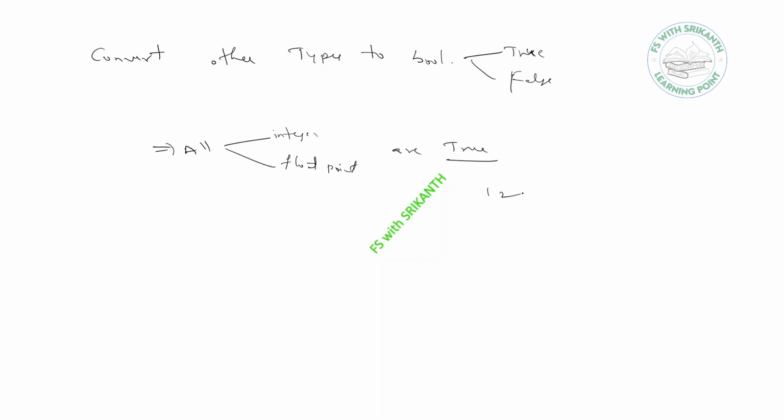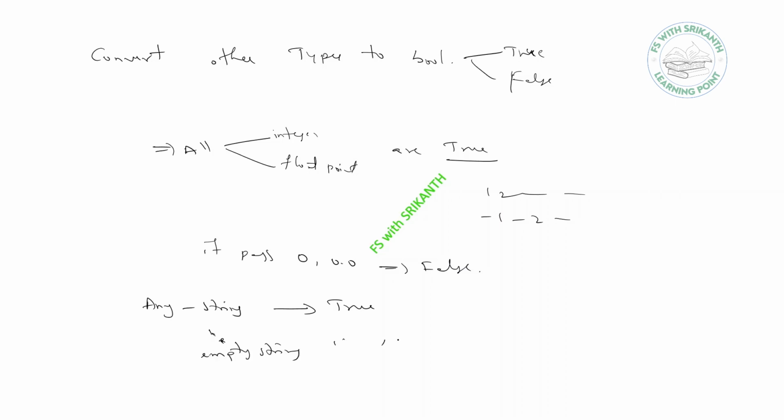Any number like 1, 2, 3, 4 and -1, -20, whatever it may be. And if we pass 0 or 0.0, it will be false. And any string is true except the empty string. The empty string is false.